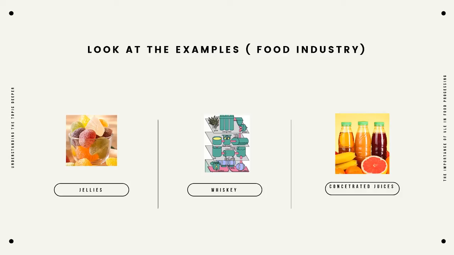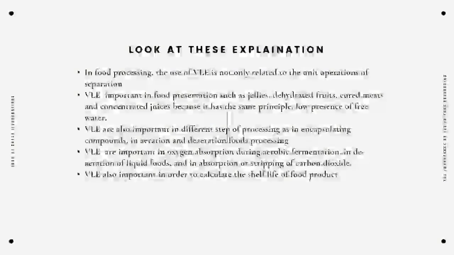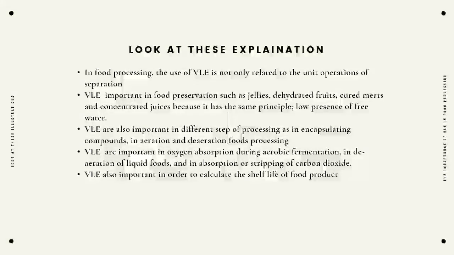Why am I saying jellies and concentrated juices are also included in the vapor liquid equilibrium method? Because let's see the explanation. Okay, look at this explanation. In food processing, the use of VLE is not only related to the unit operations of separation. VLE is important in food preservation also, such as jellies, hydrated fruits, and cured meat.